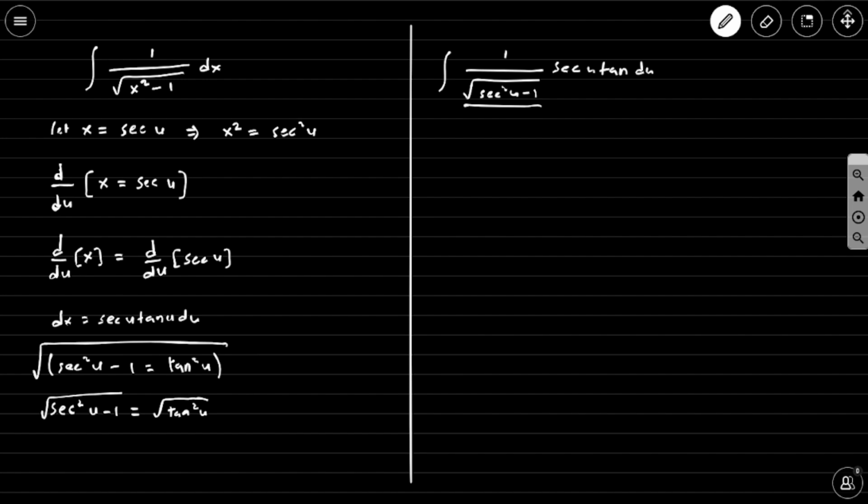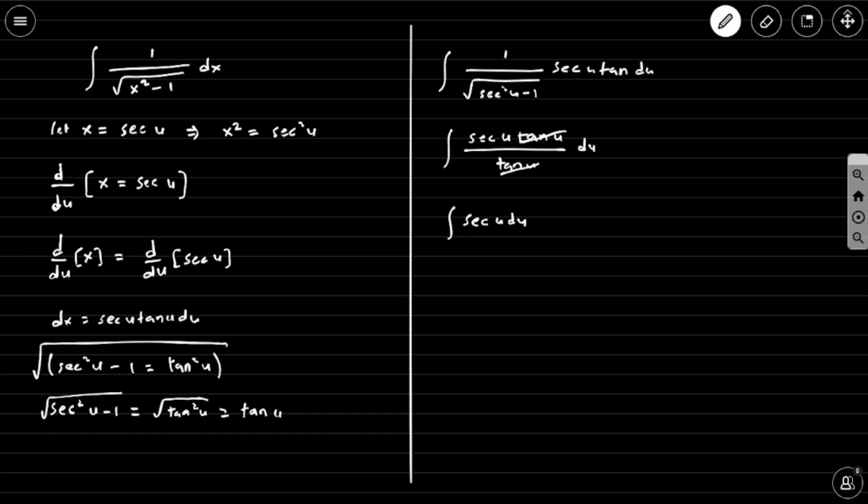Square root of tangent u to the power of 2 is just tan u. Therefore, we have the integral of secant u tangent u over tan u du. Now we're just gonna remove the tangent. Now we're left with secant u.